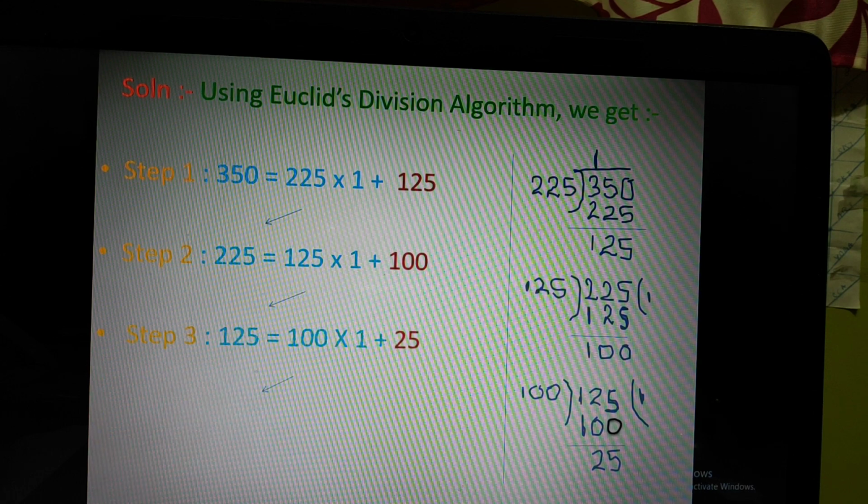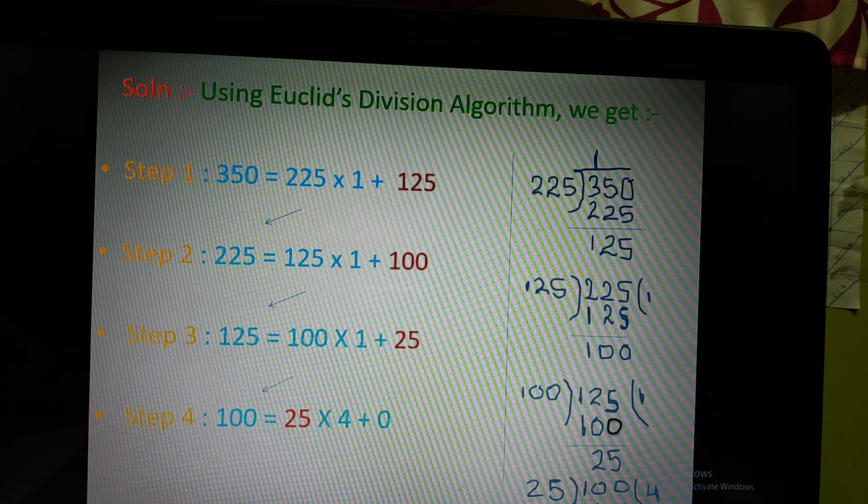So in step number 3, we express 125 as 100 into 1 plus 25. And finally, 25 should divide 100, and here we observe that 25 4s are 100, and in step number 4 we observe that 100 is equal to 25 into 4 plus 0.